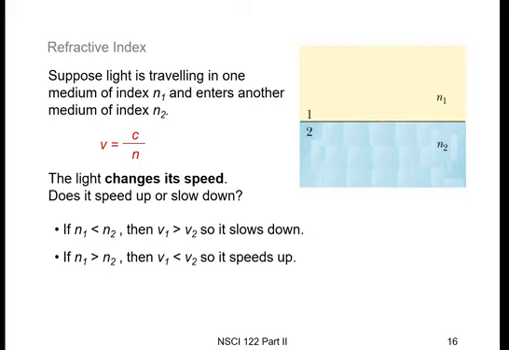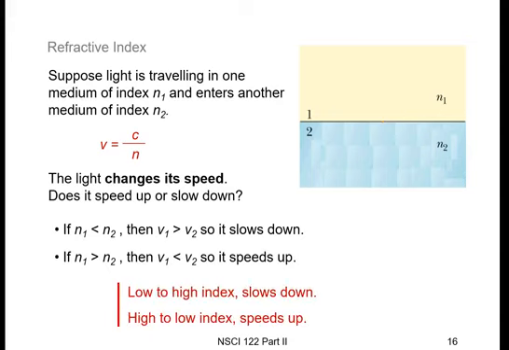It speeds up. The way I usually remember this is with this short phrasing. If the light goes from low to high index, it slows down. If it goes from high to low index, it speeds up. That's the way I try to remember that.